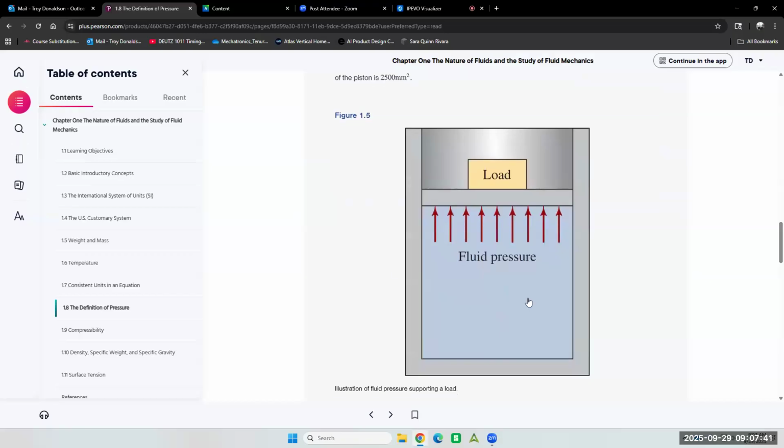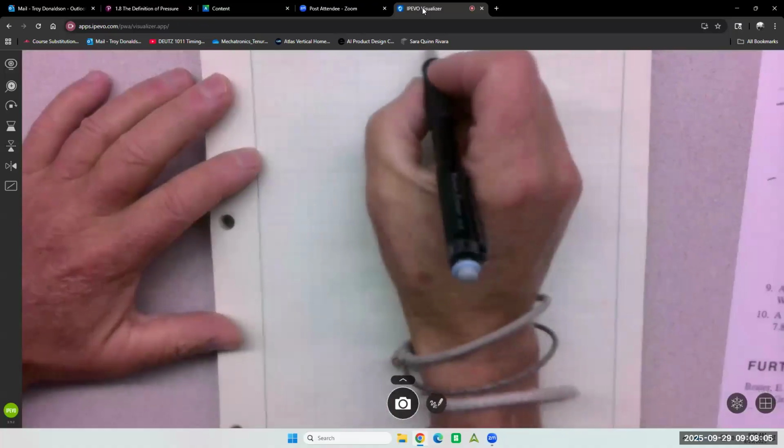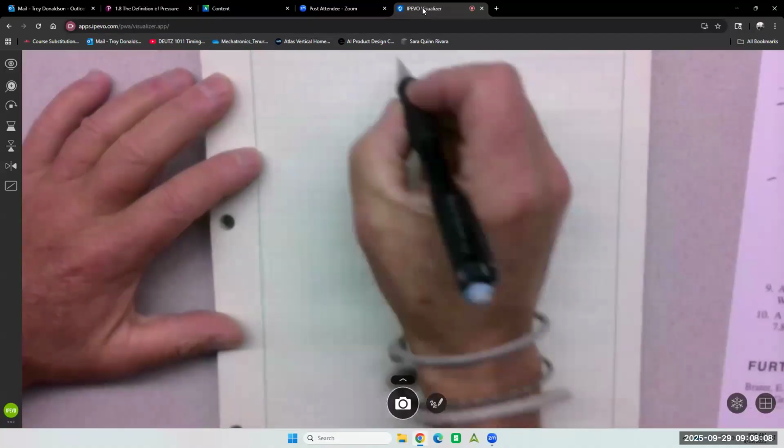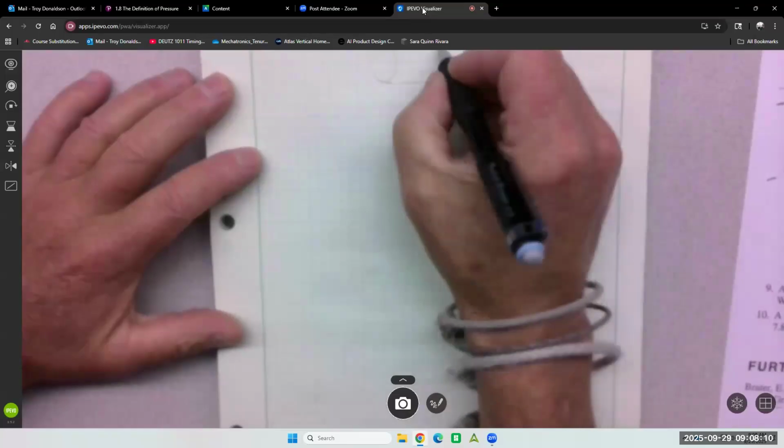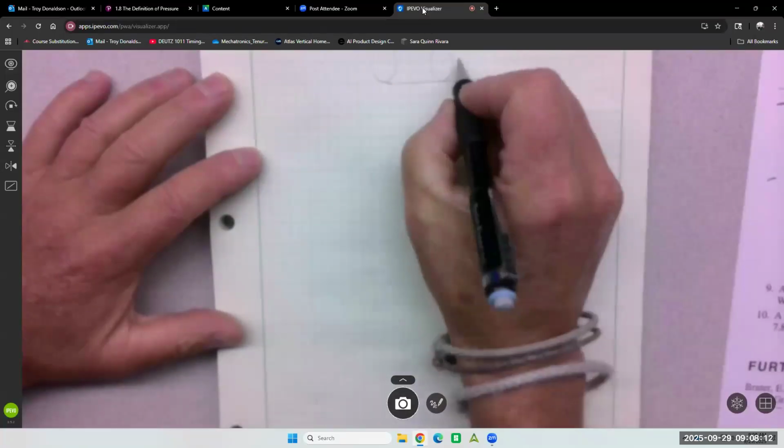Here's an example of a cylinder. It has a load and it has fluid, and then here is the piston. So this becomes the surface area. Let's calculate our pressure. I'll draw it horizontally, a little easier for me to draw. So here's the chamber. Here's the piston.